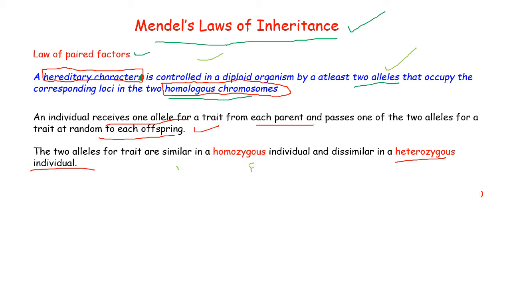In case of plants, we have a gene T responsible for the height of the plant. This gene has two alleles, capital T and small t. If capital T is present, the plant will be tall, and if we have small t, the plant will be dwarf.